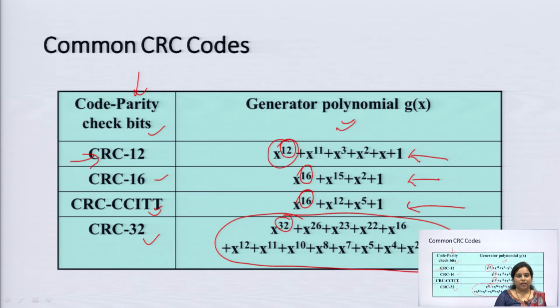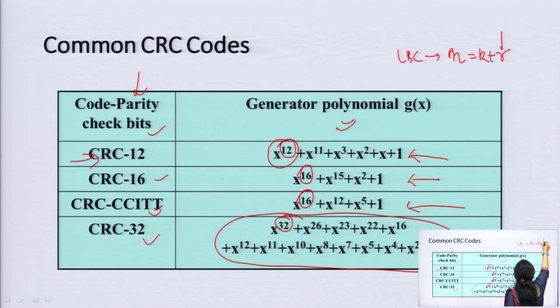So, in this lecture we have seen different types of coding in detail. First we have seen the linear block code. In case of the linear block code, in short, n equals k plus r. These r bits are added to the original k bits to generate the code word. This is in short LBC codes.